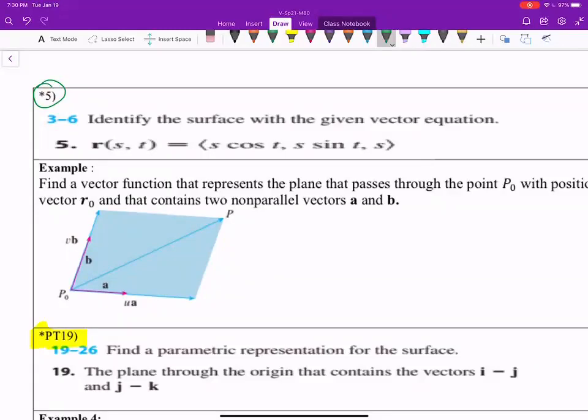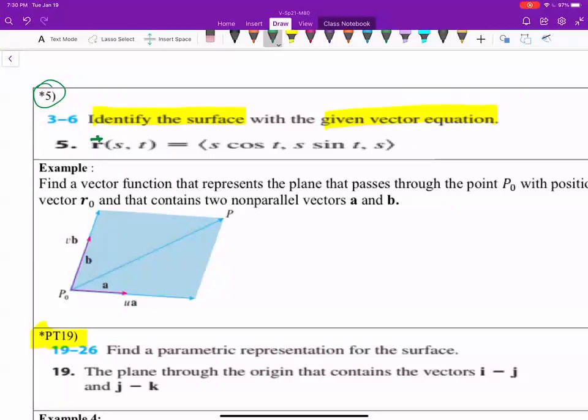Let's try problem number 5 from this exercise. Identify the surface with the given vector equation r of s comma t equal to, in component form, s cosine t, comma s sine t, comma s. So this is vector r of s, t.